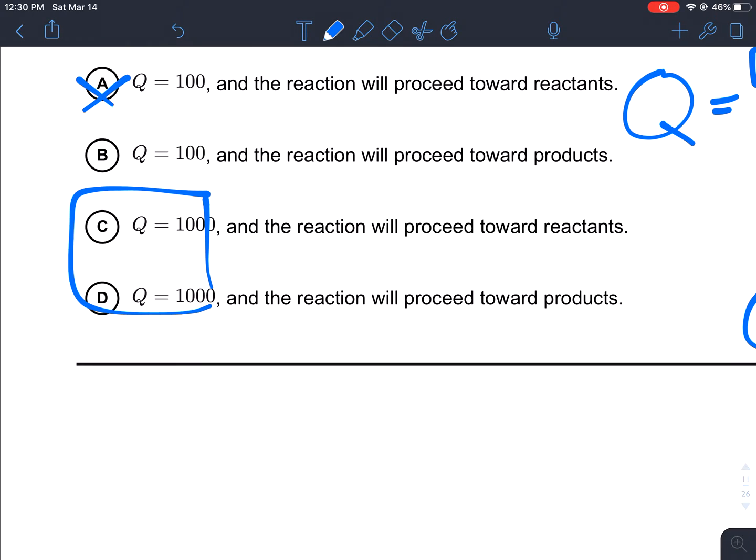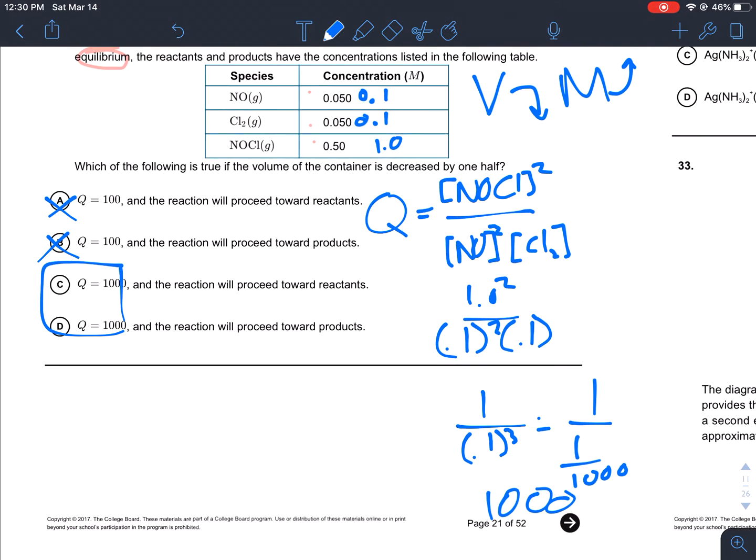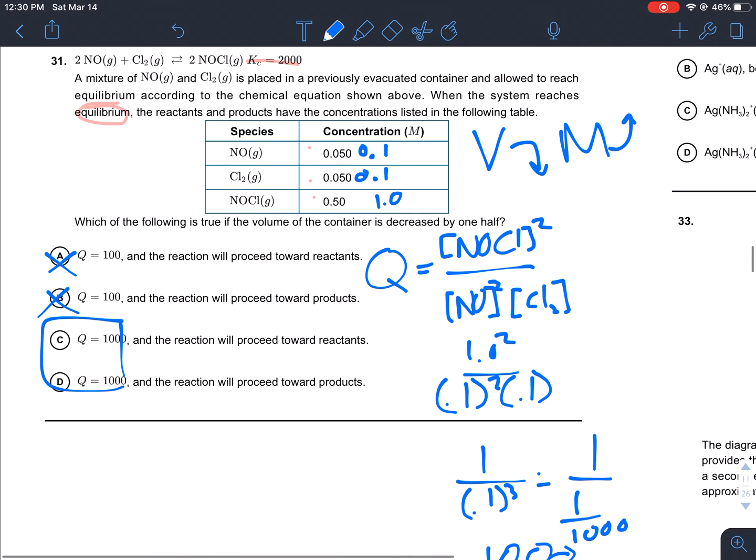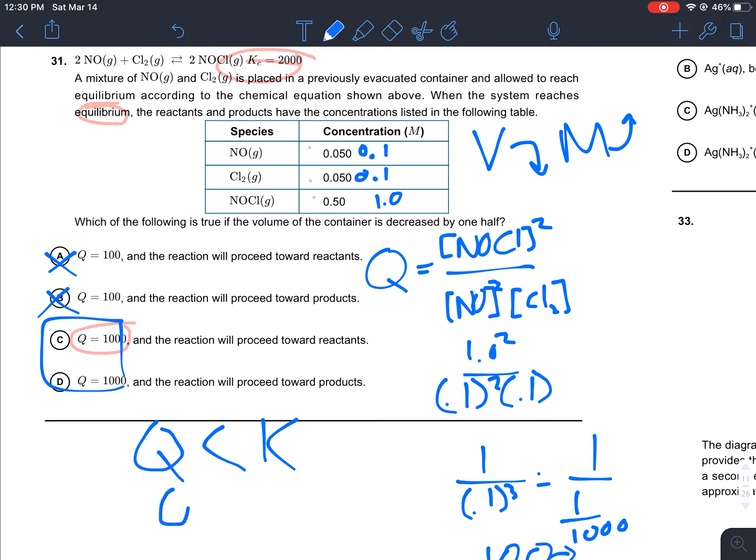So you can cancel out A, you can cancel out B. We have to figure out which one it is between C and D. Well, if your Q is less than your K, which it is right now, because Q is 1,000 and K is 2,000, then your Q needs to do what? It needs to get bigger. If Q needs to get bigger, products over reactants, it needs to increase its products.